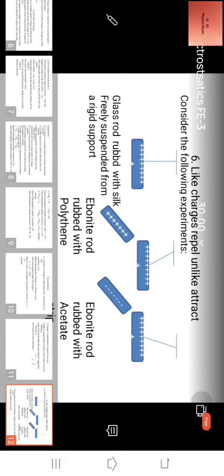A glass rod rubbed with silk is freely suspended from a rigid support. In the second case, an ebonite rod rubbed with polythene becomes negatively charged. When brought near, it repels the rod, because both have positive charges.